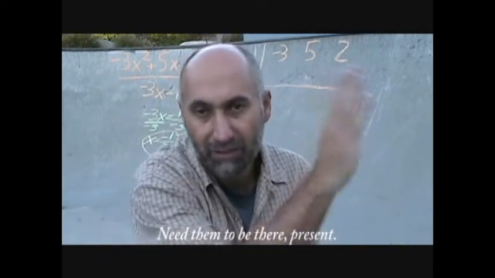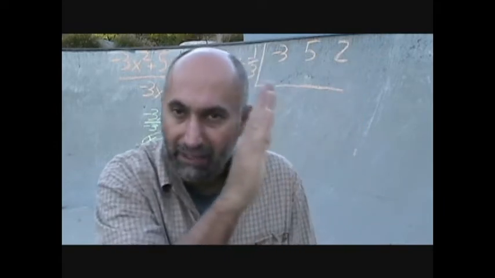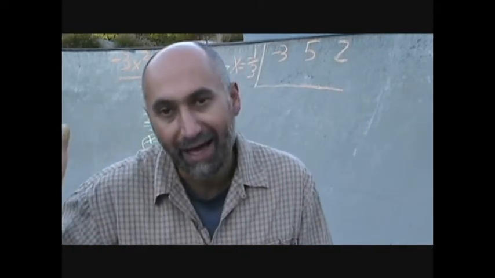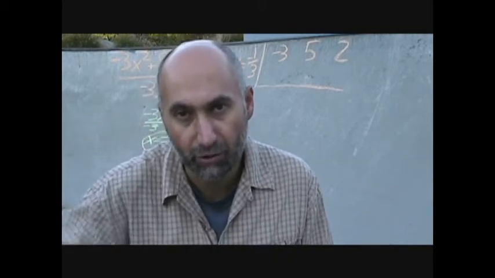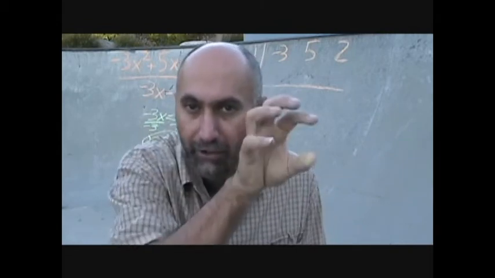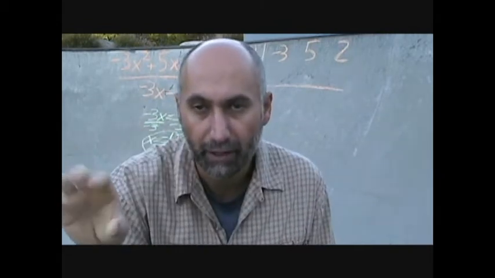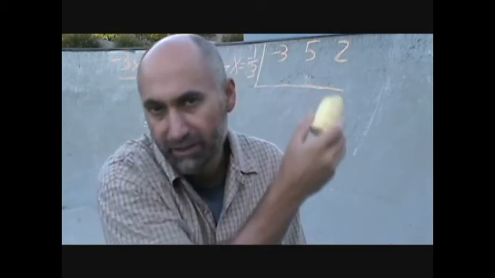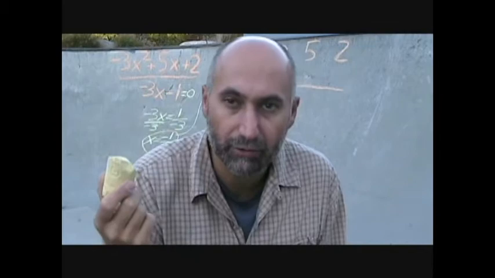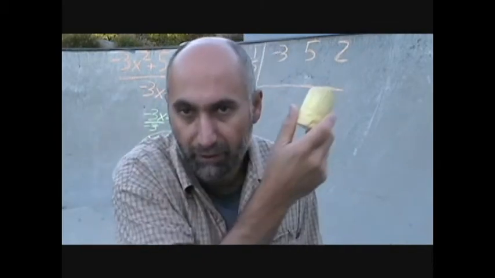So if you have x to the power of 5, the next one has to be x to the power of 4, x to the power of 3, x to the power of 2, x to the power of 1, and your constant term. If you're missing any of the powers, any of the terms, you're going to have to put a 0 marker there. Okay, and we'll do a couple of examples that way where you see what the place markers are. Right now, we're not missing any terms. It's all in descending order, and we don't have to put any place markers.